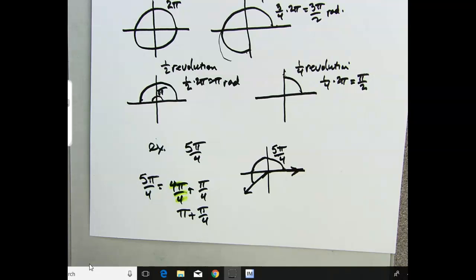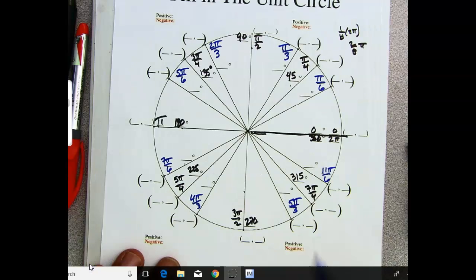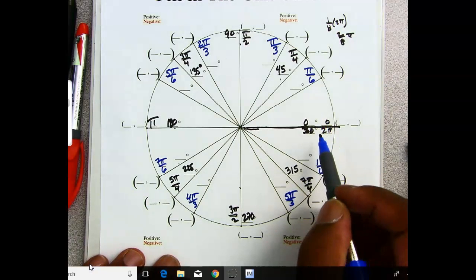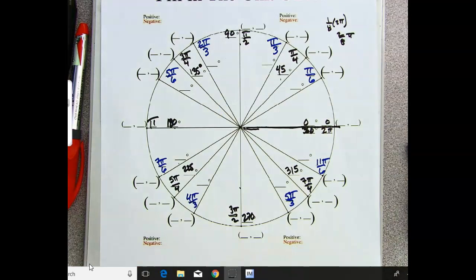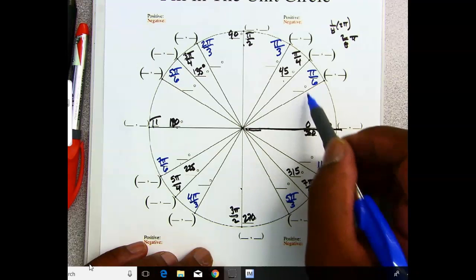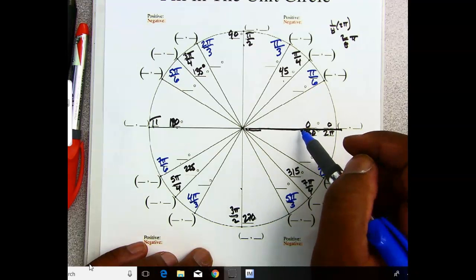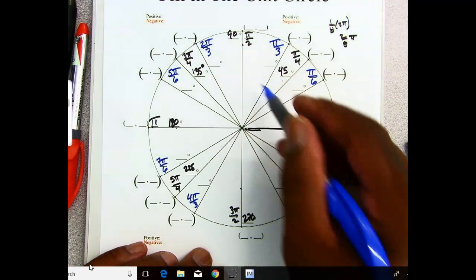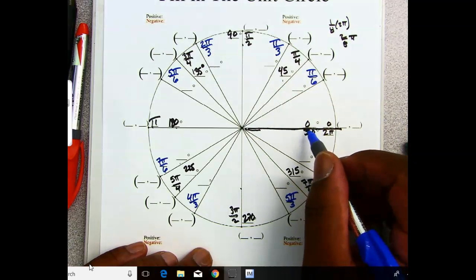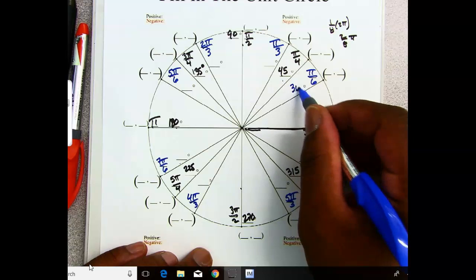Okay. Let's take a look. Splitting our circle up into fourths, splitting it up into sixths, we're able to generate the key elements of our unit circle. Now, when you split it up into sixths, your angle measures are separated by 30 degrees. So we have 0 degrees, then 30 degrees.